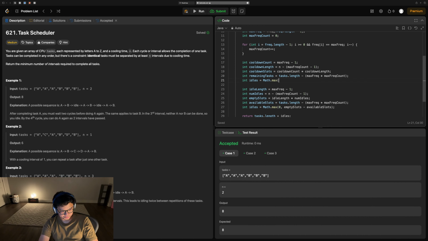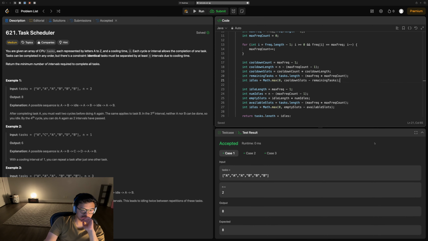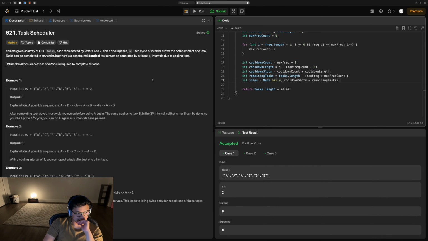Why do we do this max calculation? Okay, so we have all the mnemonic variables you could ask for, except for this.